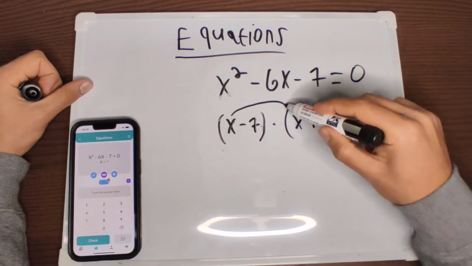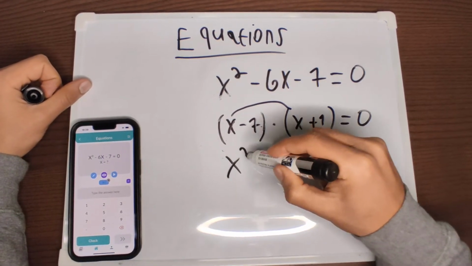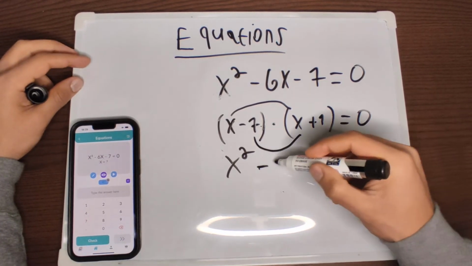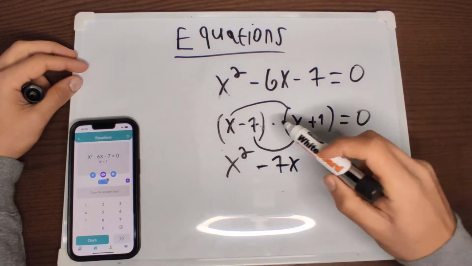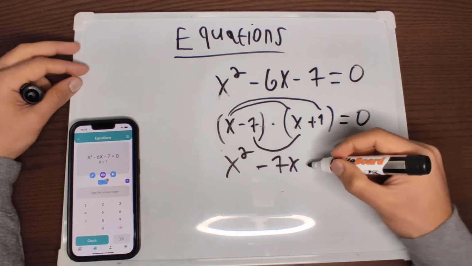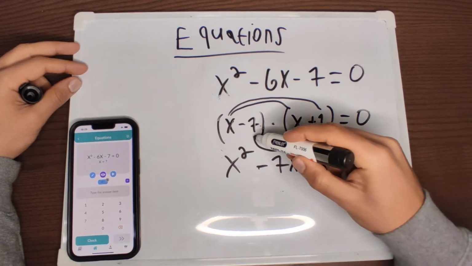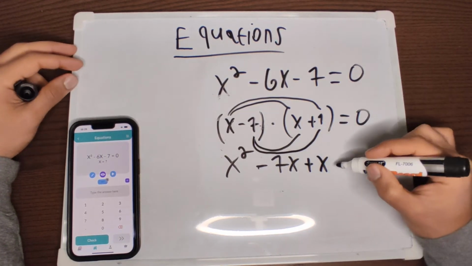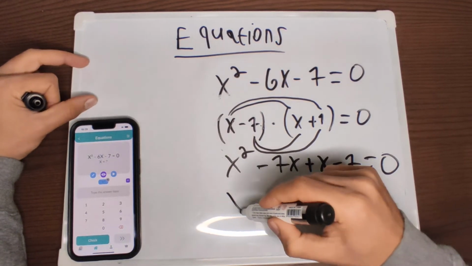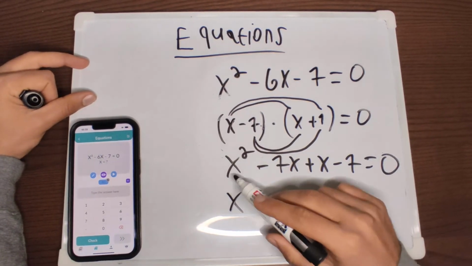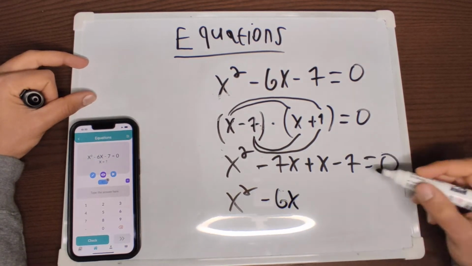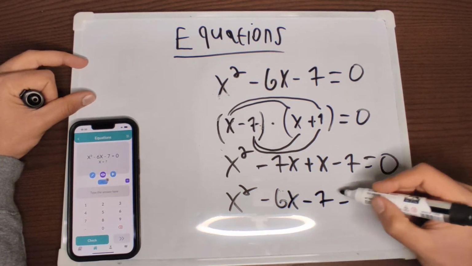We will multiply x by x, which is x squared, and we will multiply minus 7 by x, which is minus 7x, and we will multiply this x by plus 1, which is plus x, and then we will multiply the minus 7 times 1, which is minus 7, equals 0, and then let's rearrange it. x squared minus 7x plus x is minus 6x minus 7 equals 0.